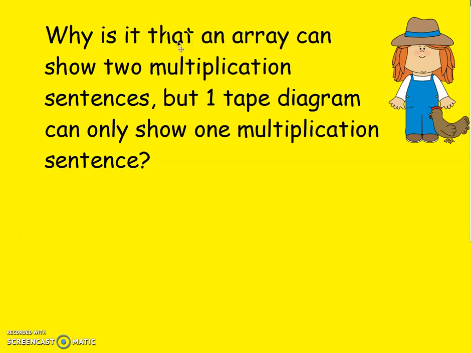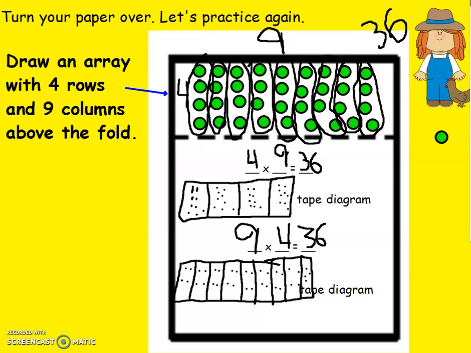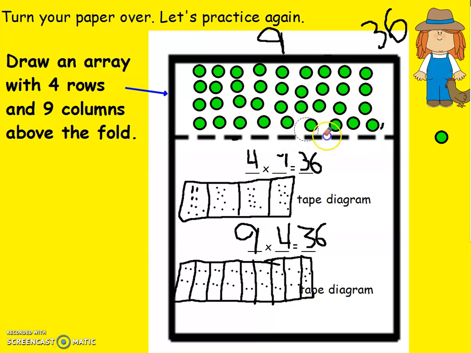So why is it that this array model can show 2 multiplication sentences, but tape diagrams can only show 1?